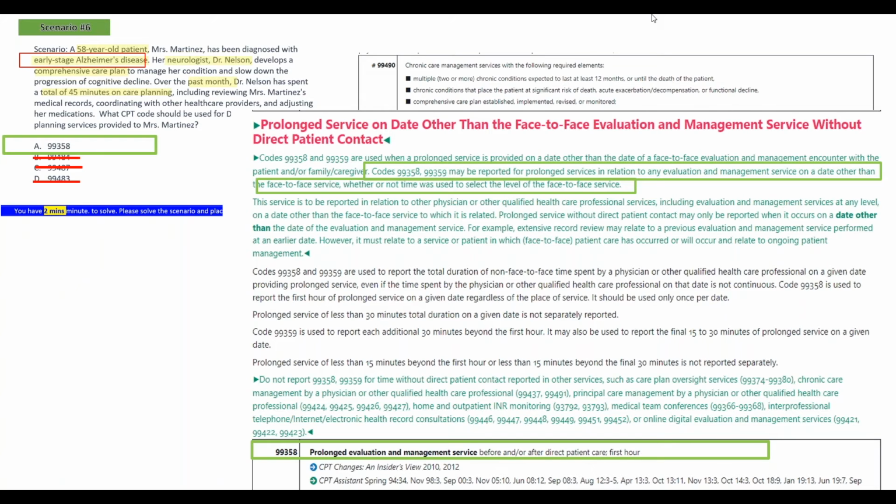Yes, read the guideline. Exactly. Read the guideline. Tab your CPT manual. That is key, because it's normal to forget these guidelines since we have a lot of guidelines to look up. So if you have your CPT book tabbed, that would be very helpful during the exam.